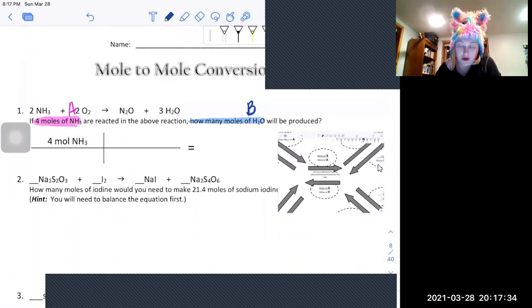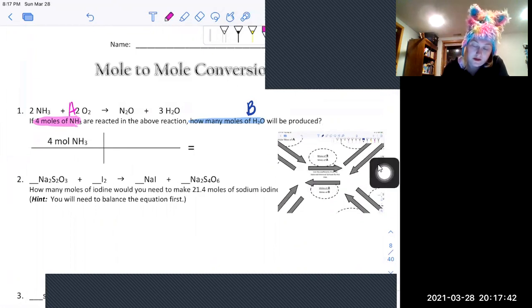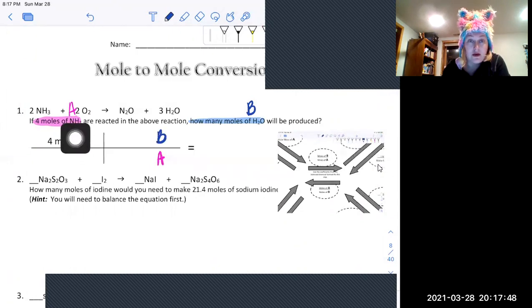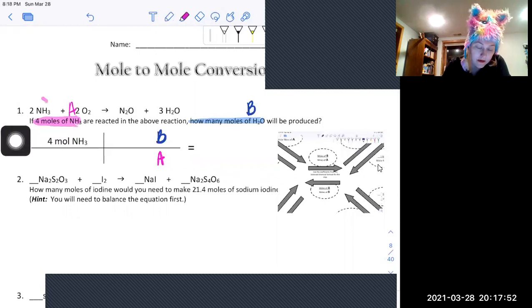And so what I hope you're noticing here is that we're starting here with moles of A. So A is going to be on the bottom and B will be on top. Well, my A chemical I know is NH3. And so I look in my balanced chemical reaction and I find where NH3 is.